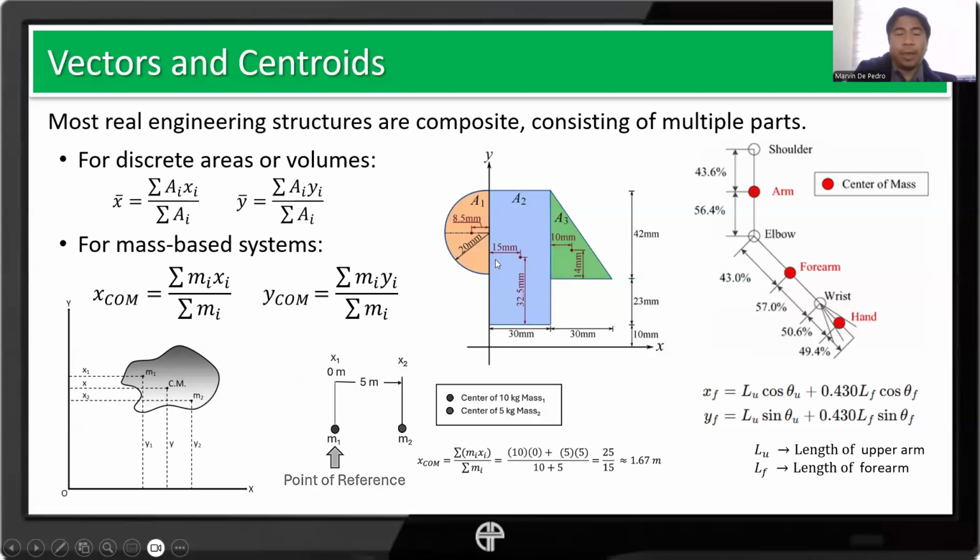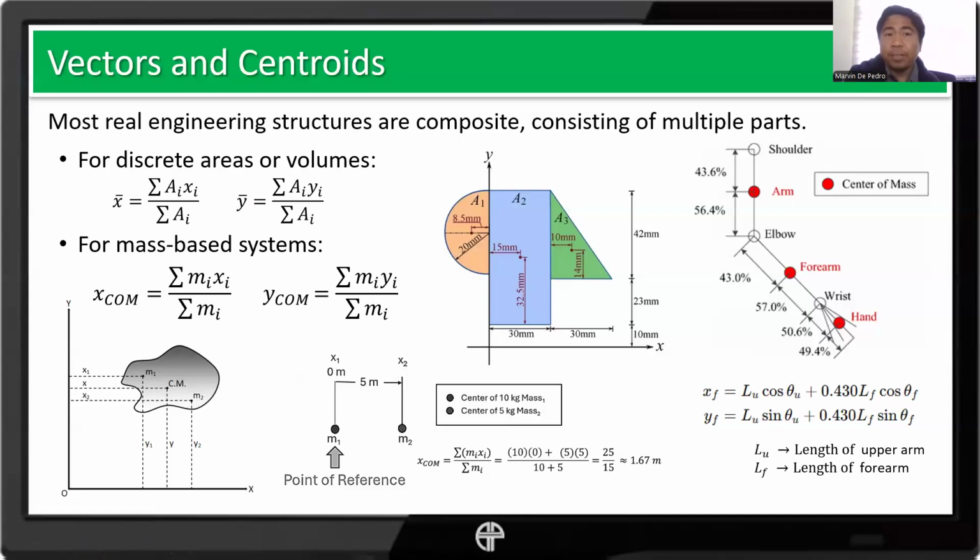By the way, in the real world, we cannot assume that the centroid is close to the COM. That's why we normally have the XCOM and YCOM instead of centroids.